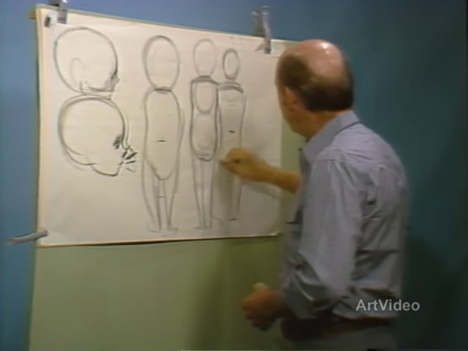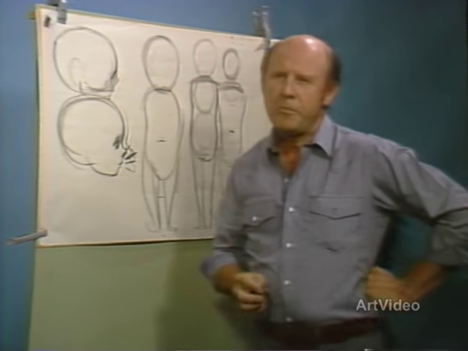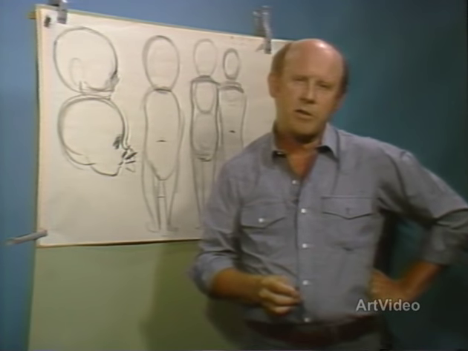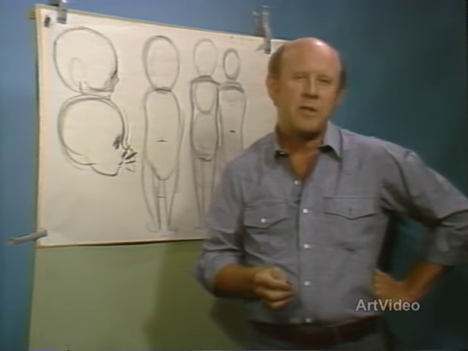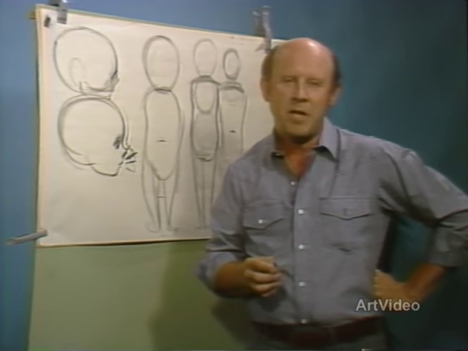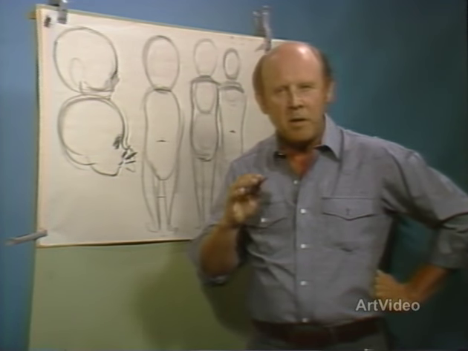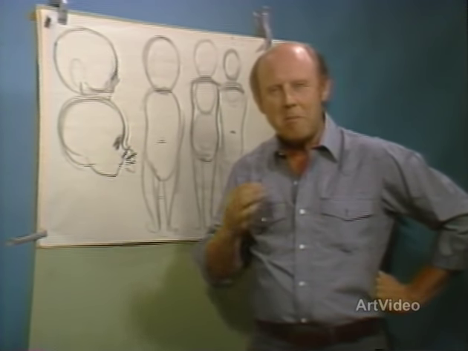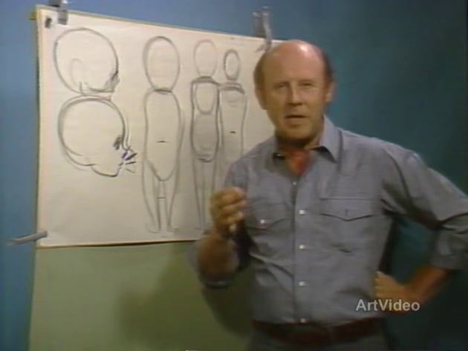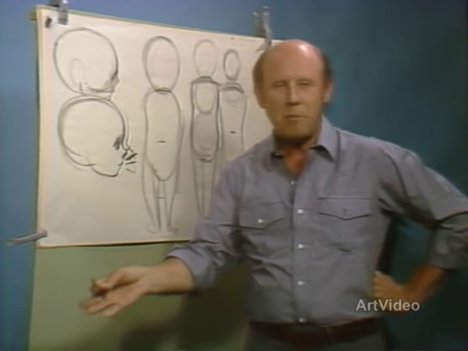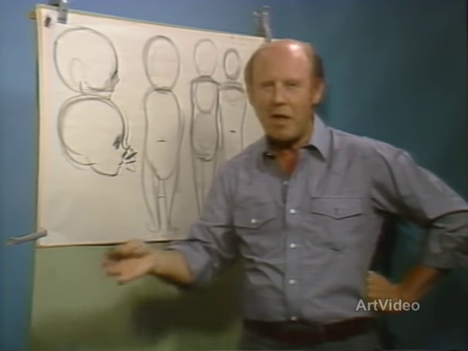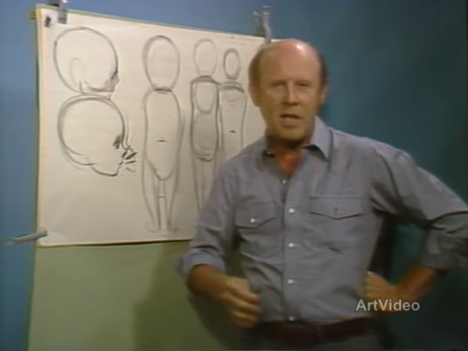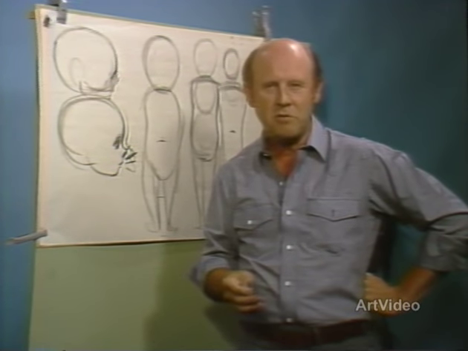In fact, if you look at animated characters, cartoons, they generally use a 5-head high proportion for the characters. Part of the reason is that this is a very appealing proportion. It's a proportion we're familiar with from kids. Everybody likes kids, and these cartoon characters have picked up a lot of those qualities of a child.